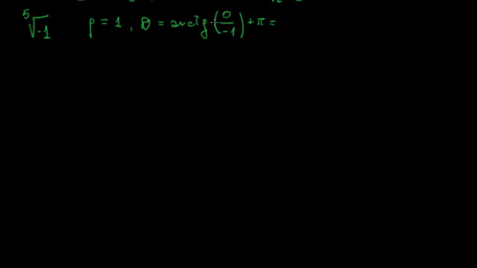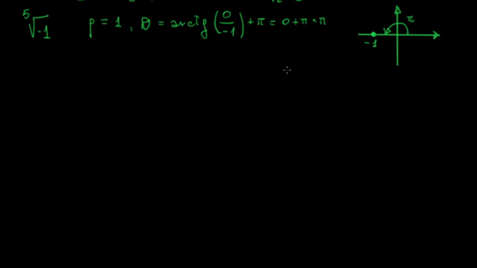The arctangent of 0 over minus 1, of course, is 0, so this is 0 plus pi, which is pi. And this is easy to see, because as we draw this point, the complex number minus 1 has an argument which is exactly pi.